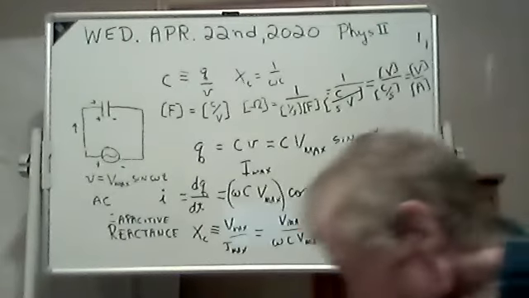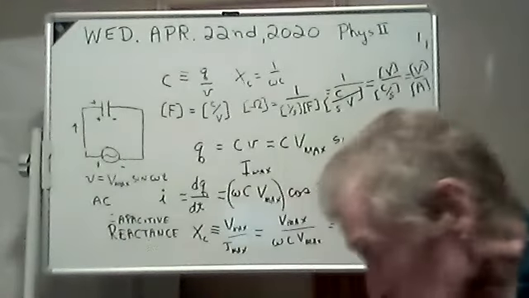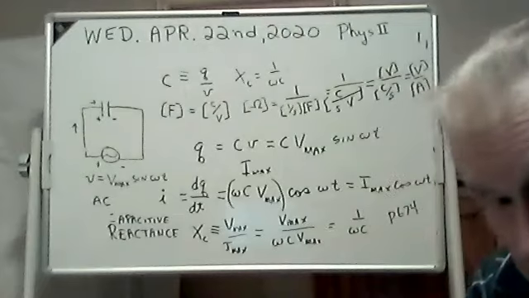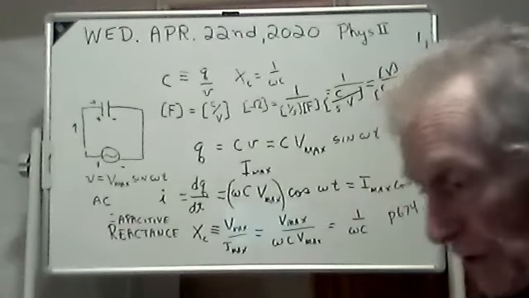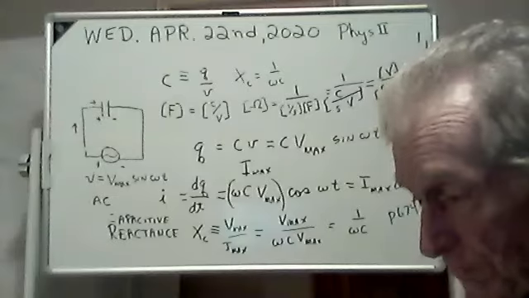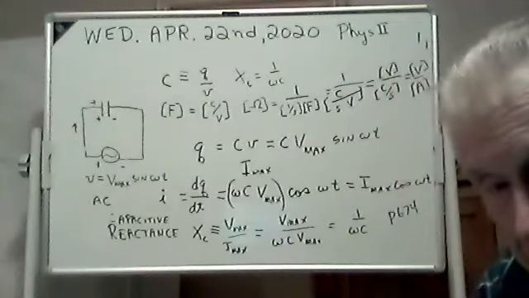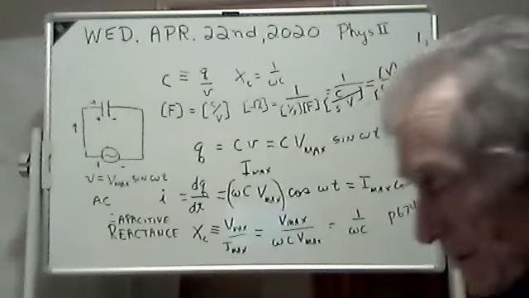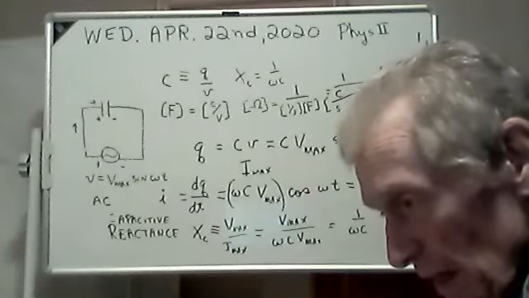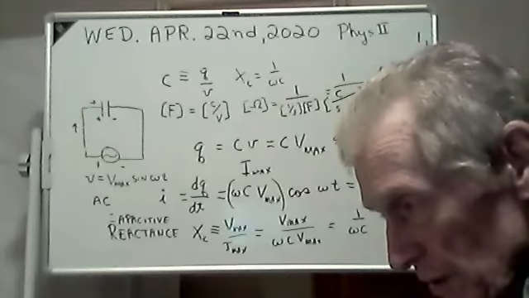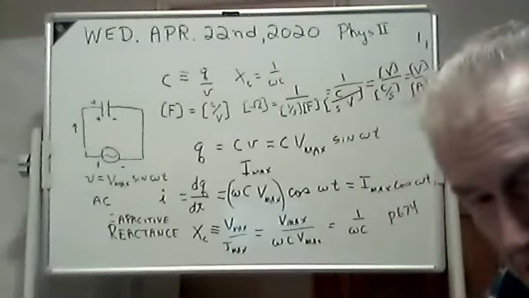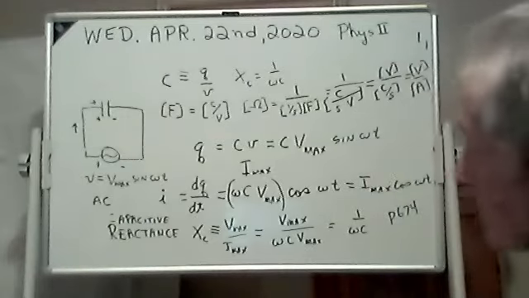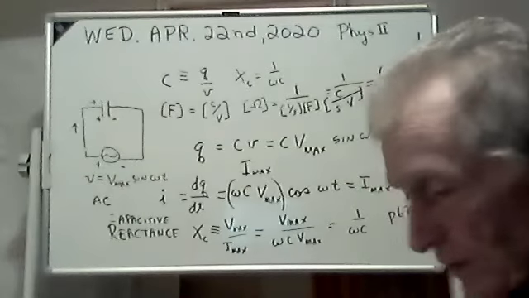And the bigger the reactance, the smaller the current. It's kind of like resistance. See, the bigger the resistance, the smaller the current. It's kind of like opposition to current, only it's AC, not DC. See, we're talking about AC here. We're talking about alternating current.